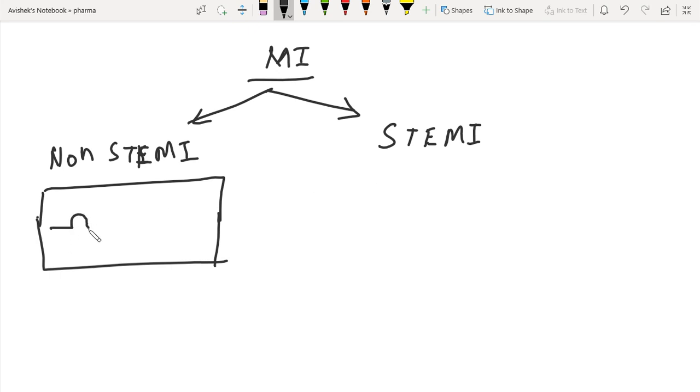So in ECG, what you can see, there is a P wave, Q, R, S and T wave. So this S to T is called the ST segment.